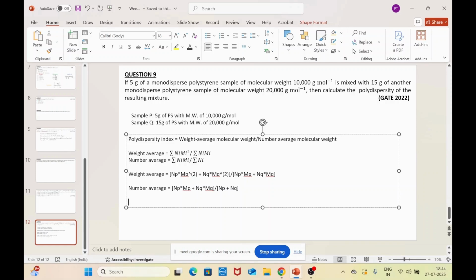Now, how do you calculate NP and NQ? MP and MQ are fine. MP is the molecular weight of sample P, and MQ is the molecular weight of sample Q. So those are given. How to calculate NP and NQ?